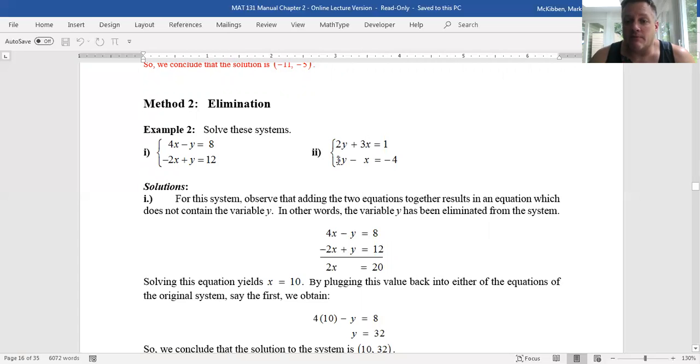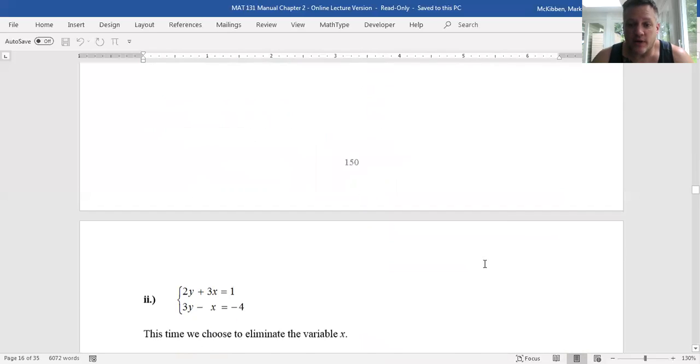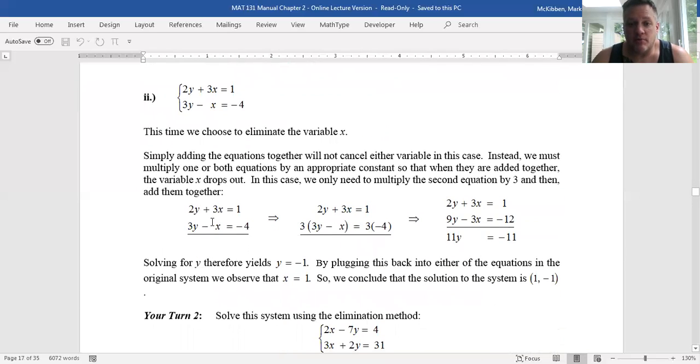And that number that I'm going to multiply this by is, of course, 3, because I want the 3x and then the negative 3x to drop out. And so that's what I do here, right? I'm multiplying both sides by 3, right? And so if you line up the terms, you'll see the 3x's go, and I get 11y equals negative 11, right? Solve that for y, and then plug that y value back into either of these equations, doesn't matter, to find the x value.